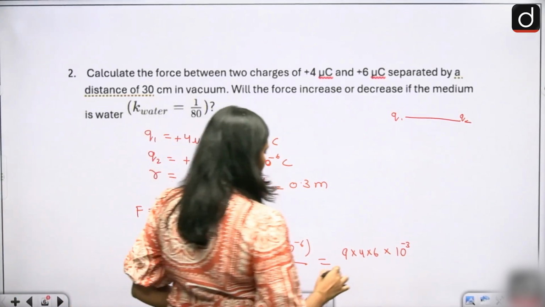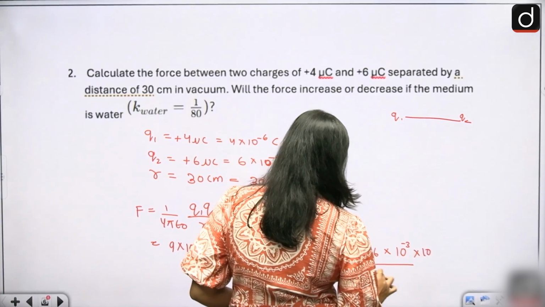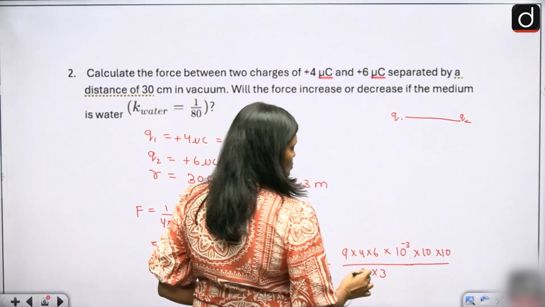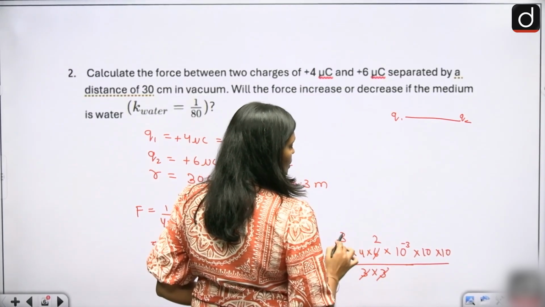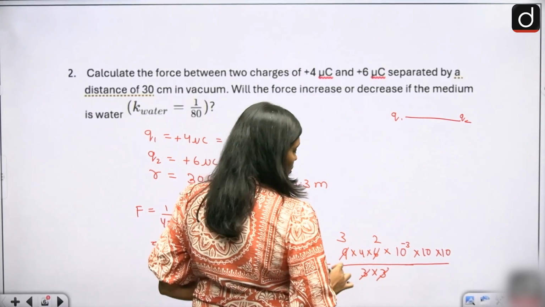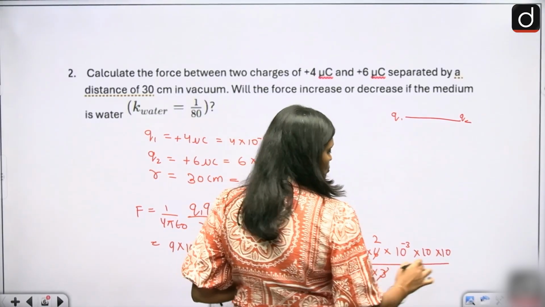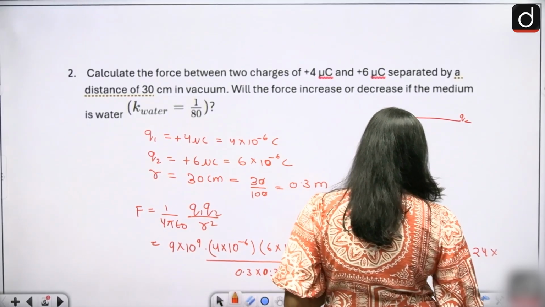Now divided by 0.3 into 0.3. So 3 into 10 multiplied by 3 into 10. 3 ones are 3, 3 threes are 9, 3 twos are 6, and 6 fours are 24. So how can you write it down? 24 into 10 to the power 2.